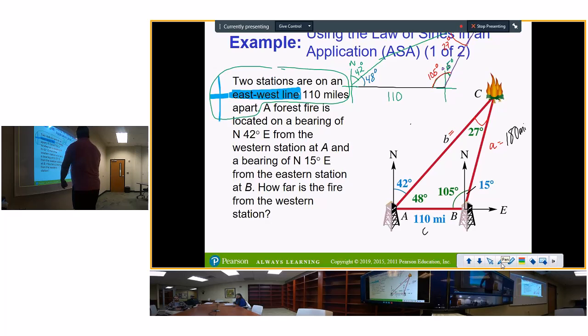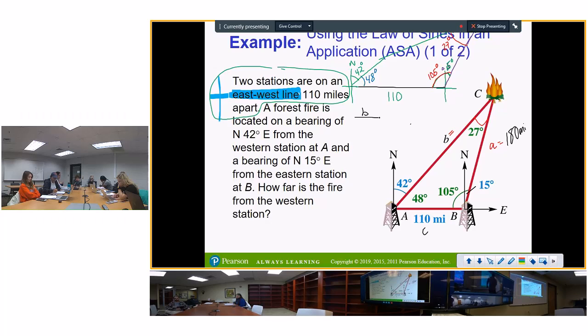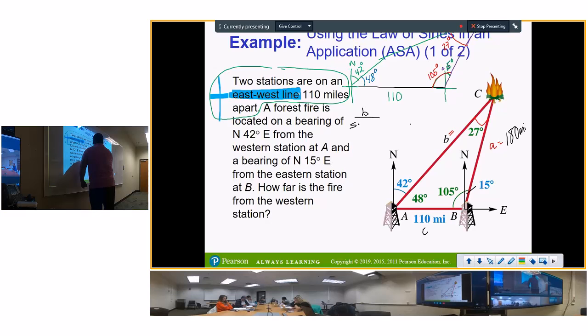All right, so we got B. What does that dictate on the bottom? Sine of 105 is equal to, pick whatever you want. Anybody want to pick one? Now, since we got A, let's pick that one. 180 over sine of 48.